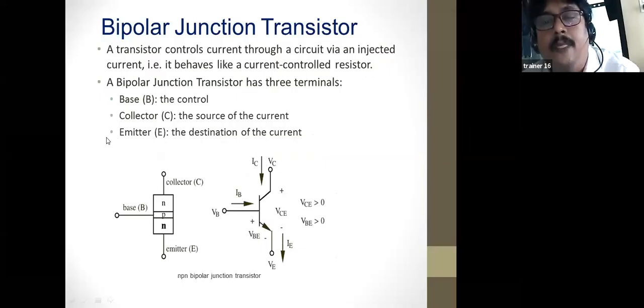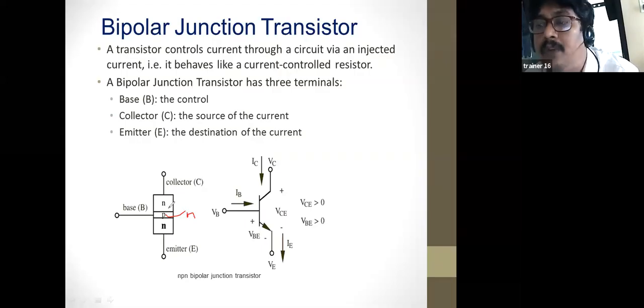Here the NPN transistor, that means any P type semiconductor or N type semiconductor is sandwiched with the opposite.